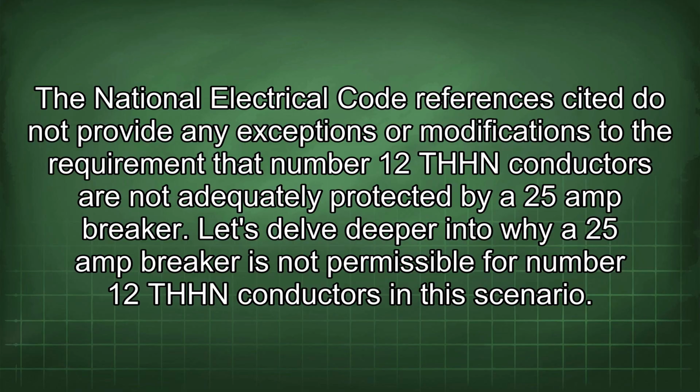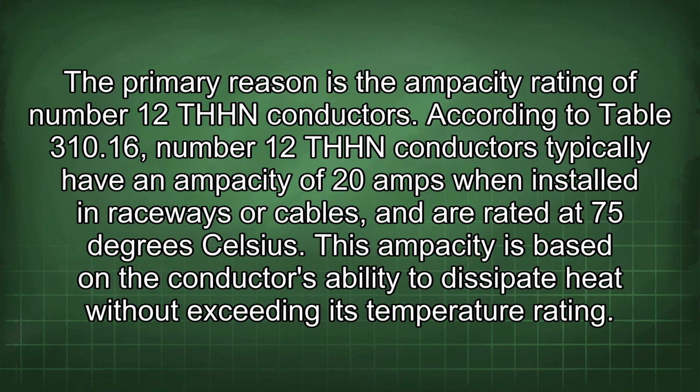Let's delve deeper into why a 25 amp breaker is not permissible for number 12 THHN conductors in this scenario. The primary reason is the ampacity rating of number 12 THHN conductors. According to Table 310.16, number 12 THHN conductors typically have an ampacity of 20 amps when installed in raceways or cables and are rated at 75 degrees Celsius.